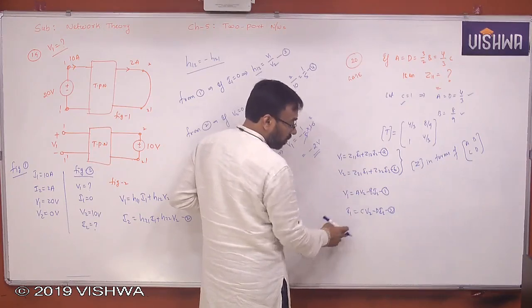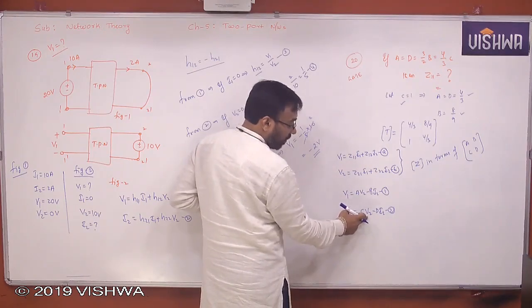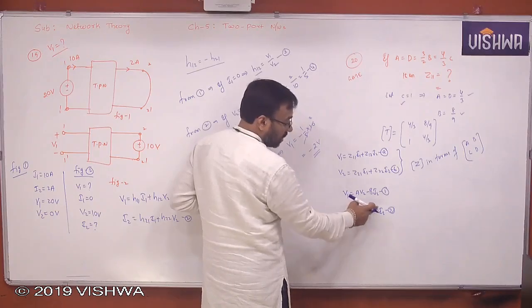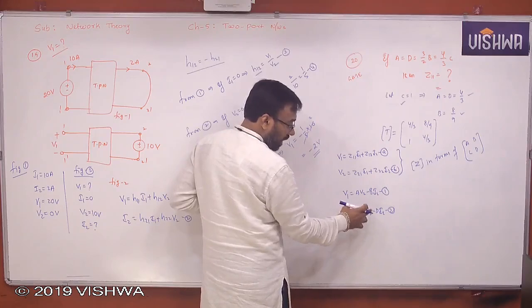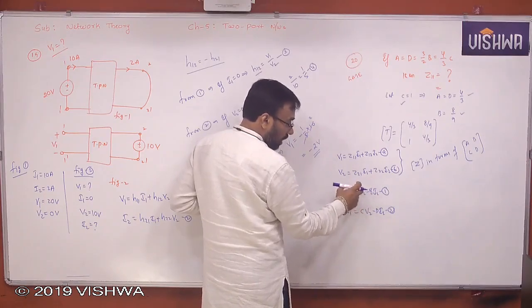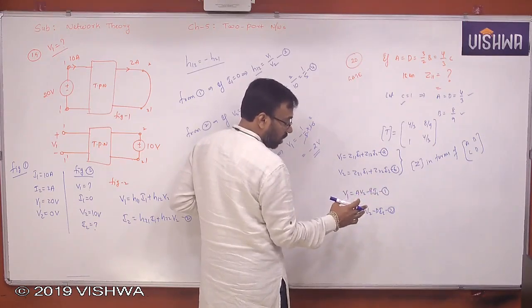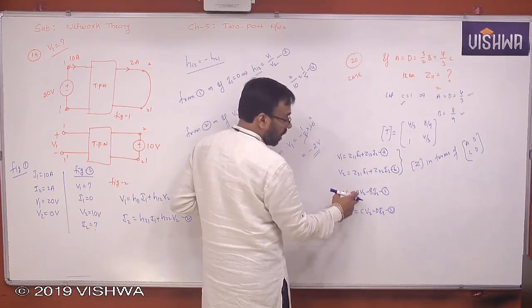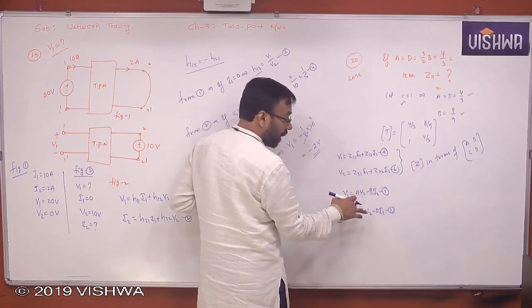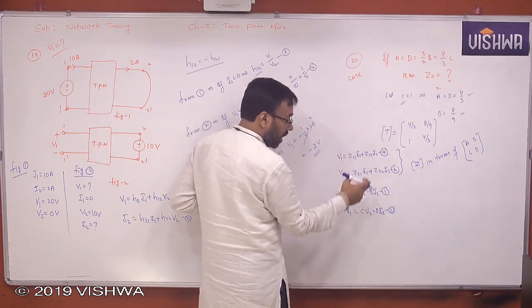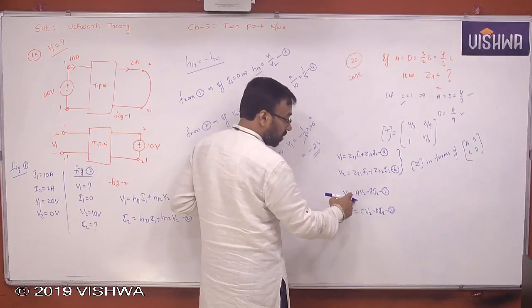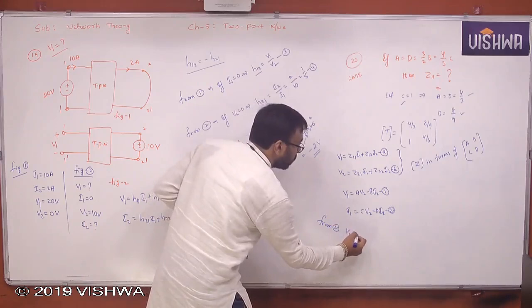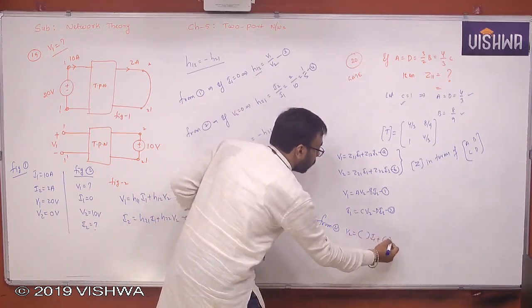For this, from this equation, can I find V2? V2 is equal to what? 1 by C I1 plus D by C I2. That you substitute in equation 1, then the entire equation will be converted into V1 is equal to something into I1 plus something into I2. So from 2 you find V2 is equal to something into I1 plus something into I2.